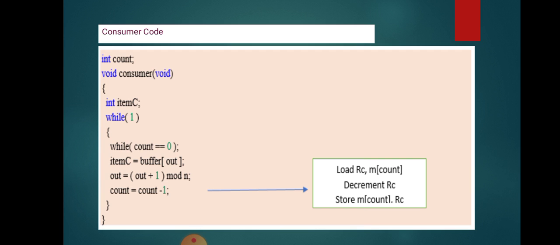Item C is nothing but the consumed item. It refers to the next item to be consumed. Next out is equal to (out + 1) means the next consuming item. Once again, RP is a register and here RC is a register. In the producer we are doing the increment, and here we are doing the decrement, because we are consuming the item. So this is the producer consumer problem.